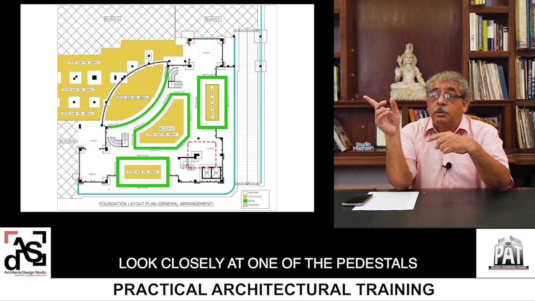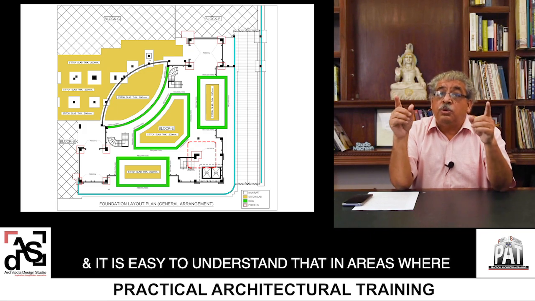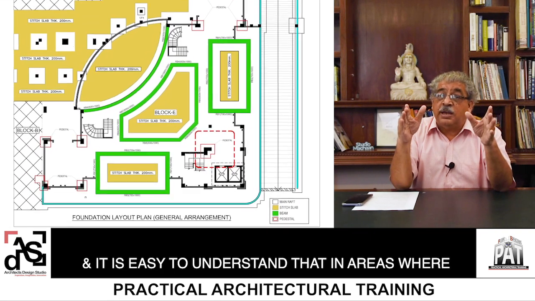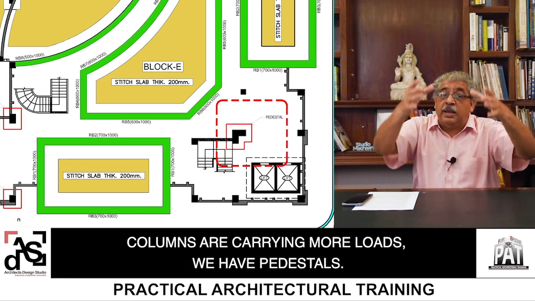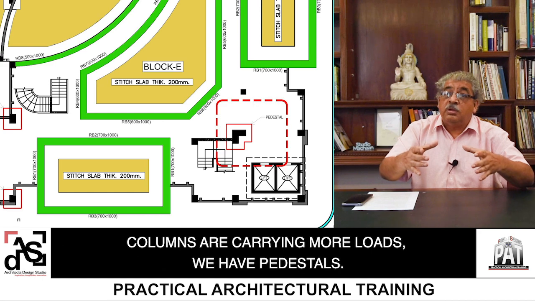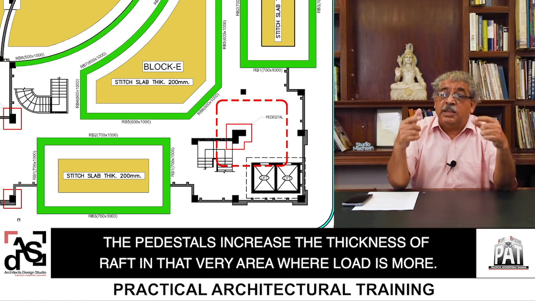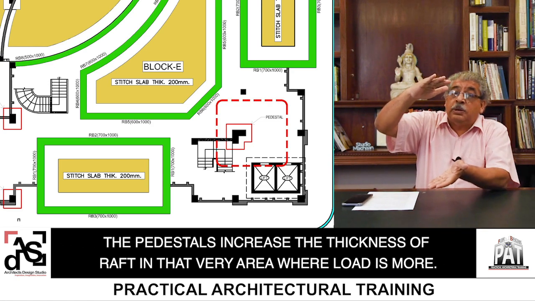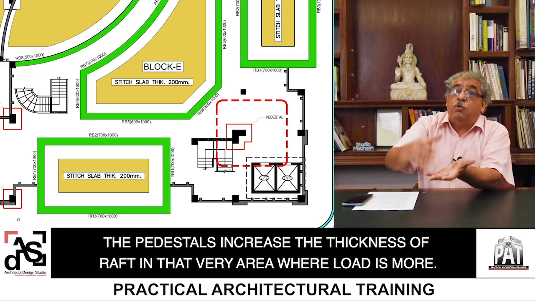Look closely. At one of the pedestals, it is easy to identify and understand that in areas where columns are carrying more loads, we have to have pedestals. The pedestals increase the thickness of the raft in that particular area where the load is more.